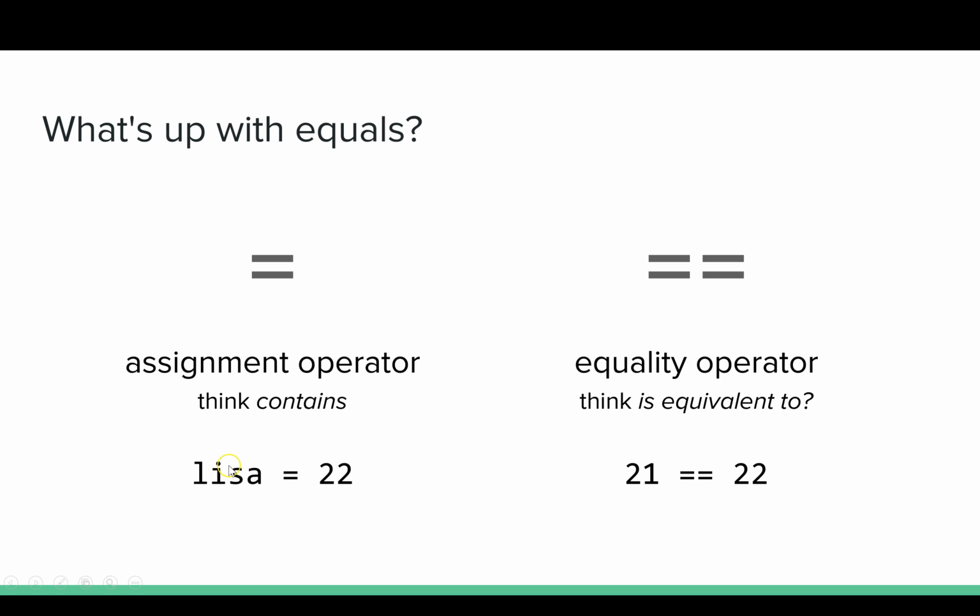For example, Lisa equal to 22 means the value of 22 is assigned to Lisa. And over here, the double equal sign is the equality operator. Is 21 equal to 22? The answer is no, so it will be false.